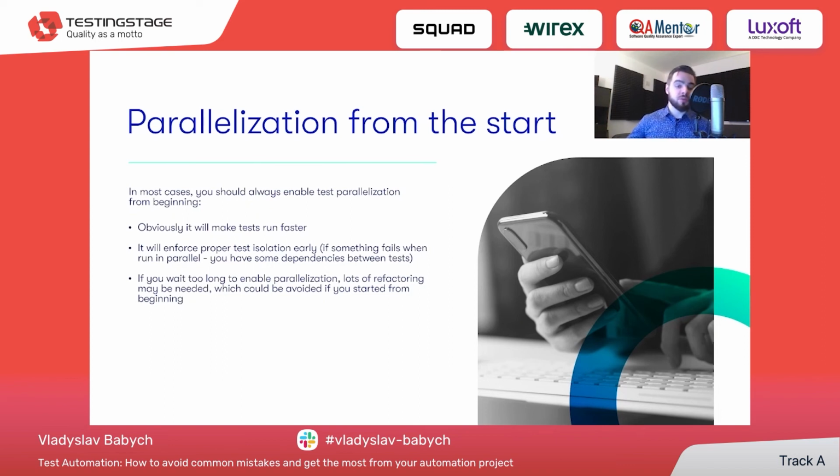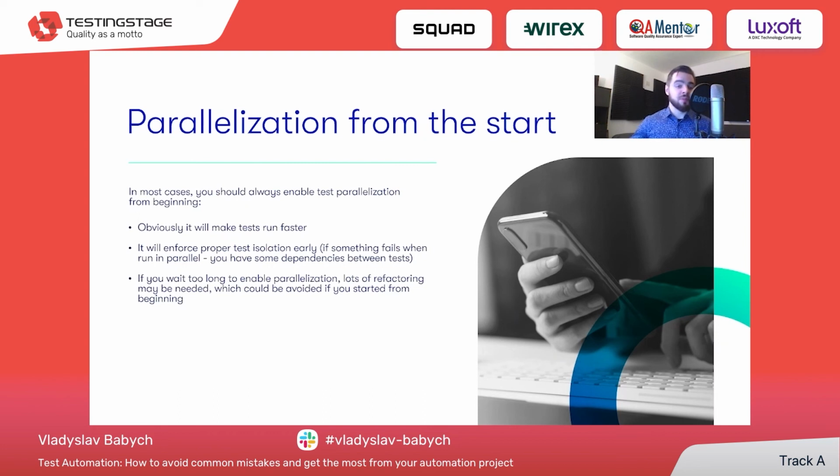But if you wait too long to enable parallelization, let's say you already have like 500 tests and then you decide, okay, I want to parallelize them, unfortunately, you may need a lot of refactoring, and you'll probably uncover some issues which you haven't thought about before. And you have 500 tests, you have a framework already built, and it will be very hard to change them. It will take a lot of time.